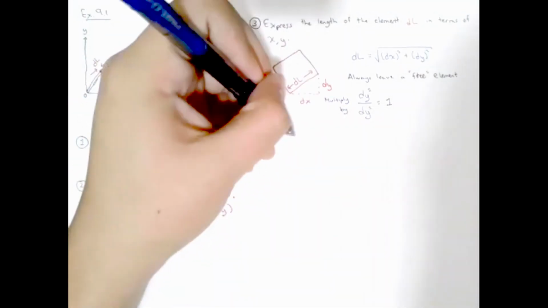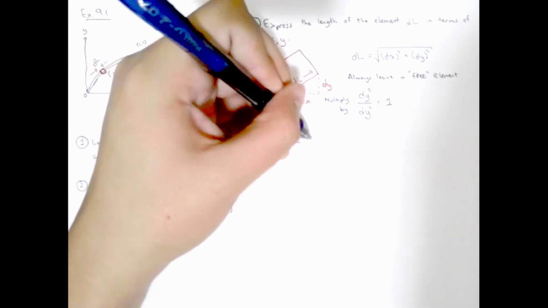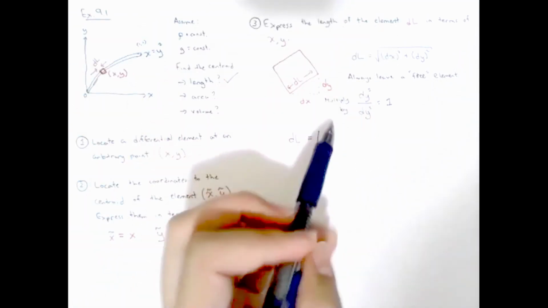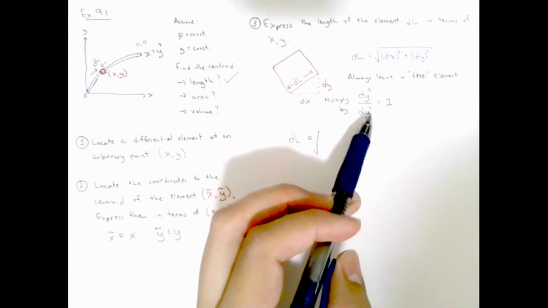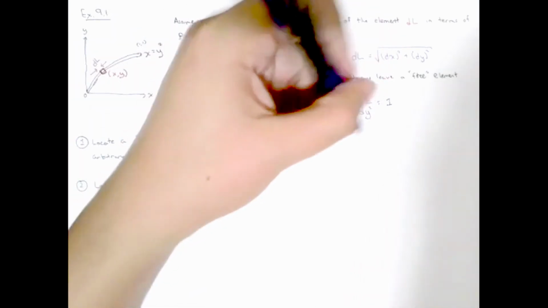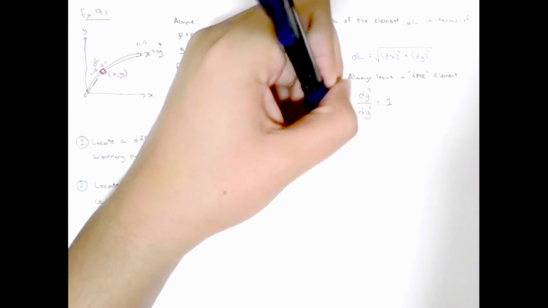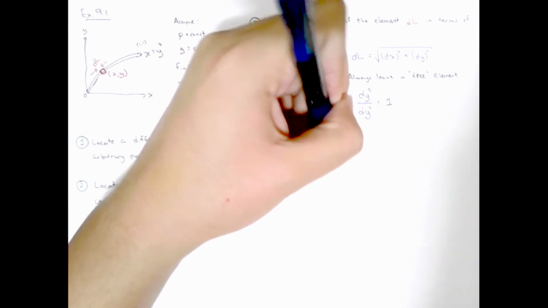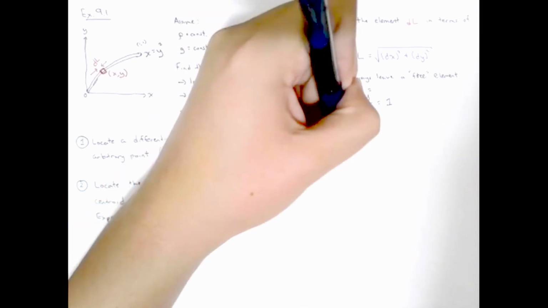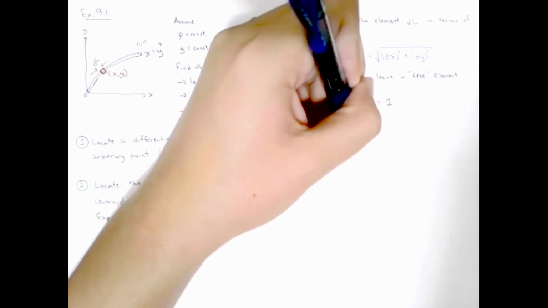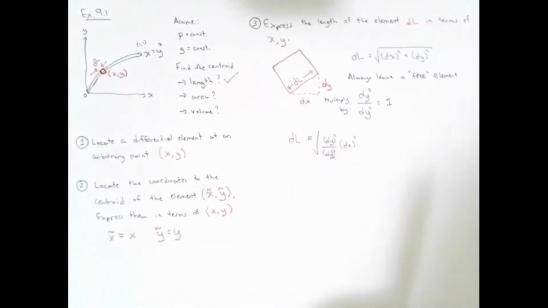So what does that look like? I get dl, and I'll get the square root of, I got dx squared multiplied by dy squared over dy squared. So I'm going to write it here, dy squared over dy squared multiplied by dx squared. So far, is that making sense?